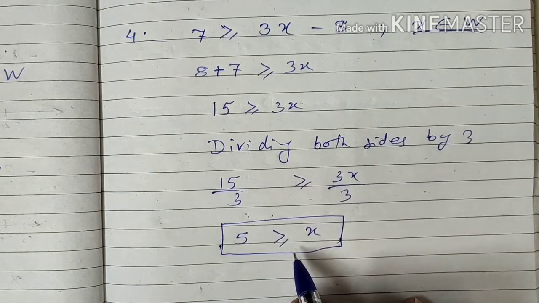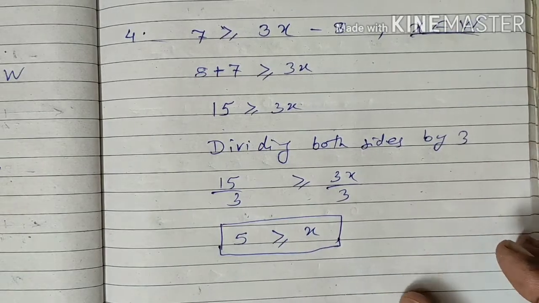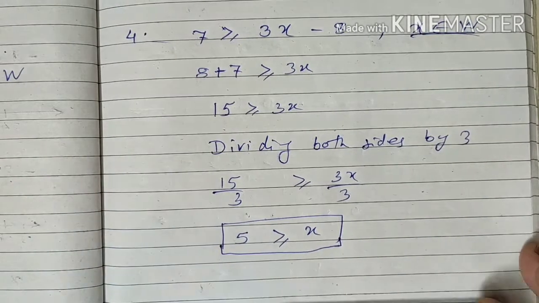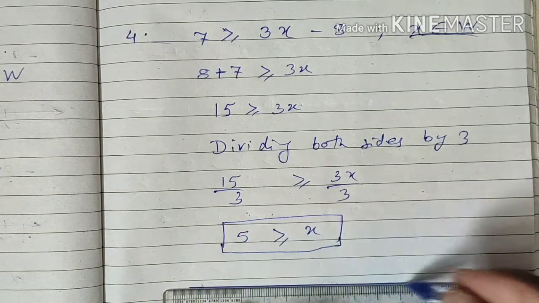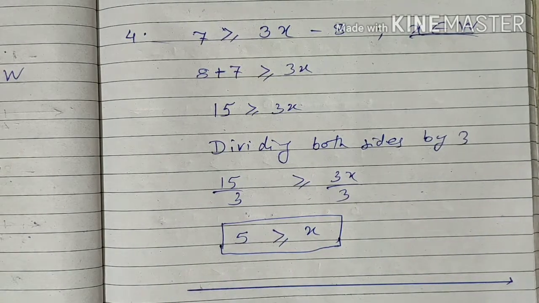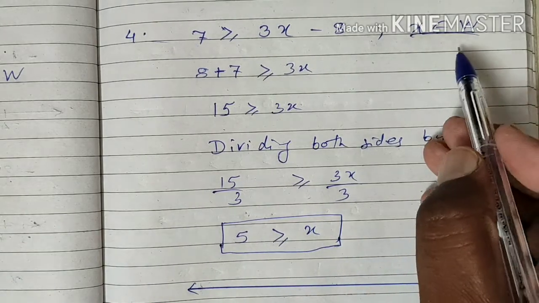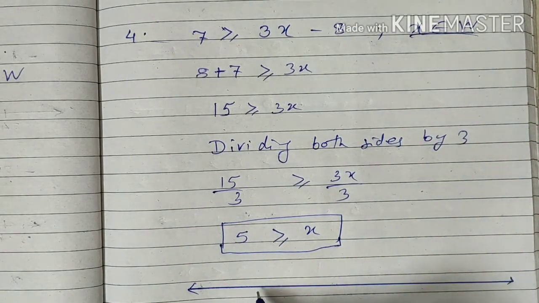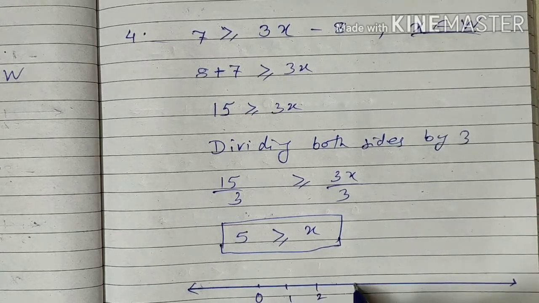It means 5 is also included in our set. So let us represent this. Since our x belongs to the whole numbers, obviously negative numbers will not be included in our set.